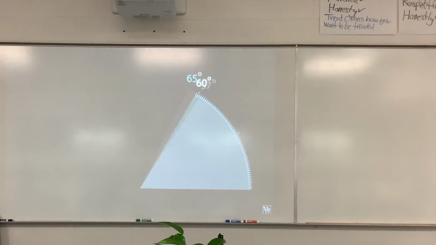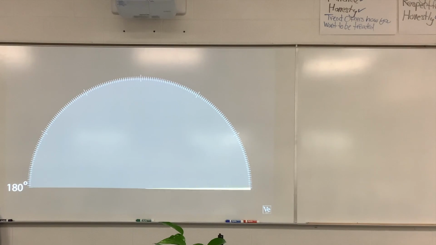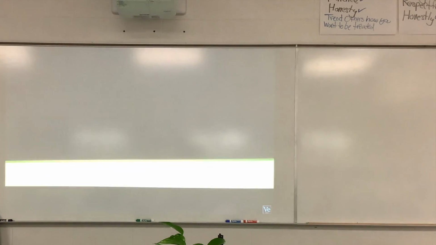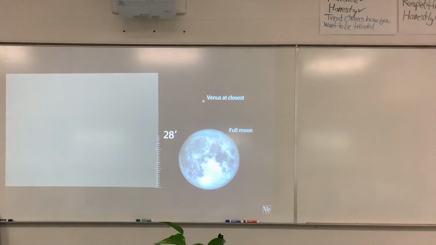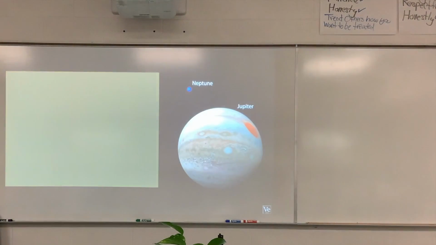To understand what that means, take the whole sky and divide it into 180 degrees. Then divide a degree into 60 arc minutes, and an arc minute into 60 arc seconds.